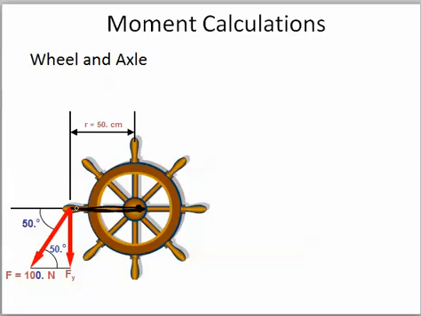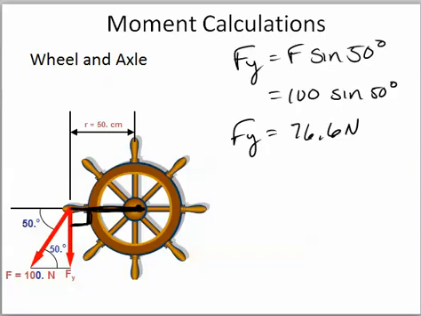It has to be perpendicular, so let's find out how much of this 100 newtons is heading in the y direction. To do that, I've got to find my x and y components. I've used our equation from the other day for the y component. I put in 100 for the force, took the sine of 50 degrees, and we get a force in the y direction of 76.6 newtons.